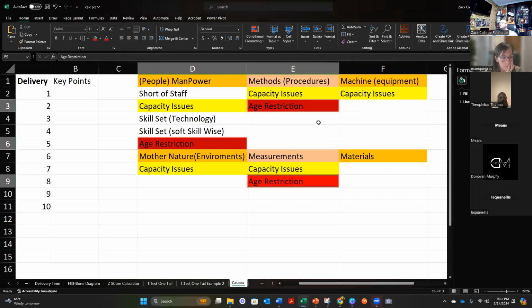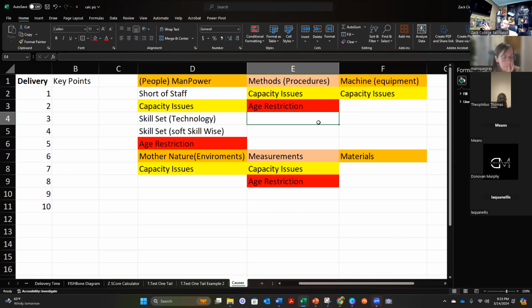essentially another trend, right? One issue could also lead to another issue, right? That age restriction could also lead to the shortage of staff as well.